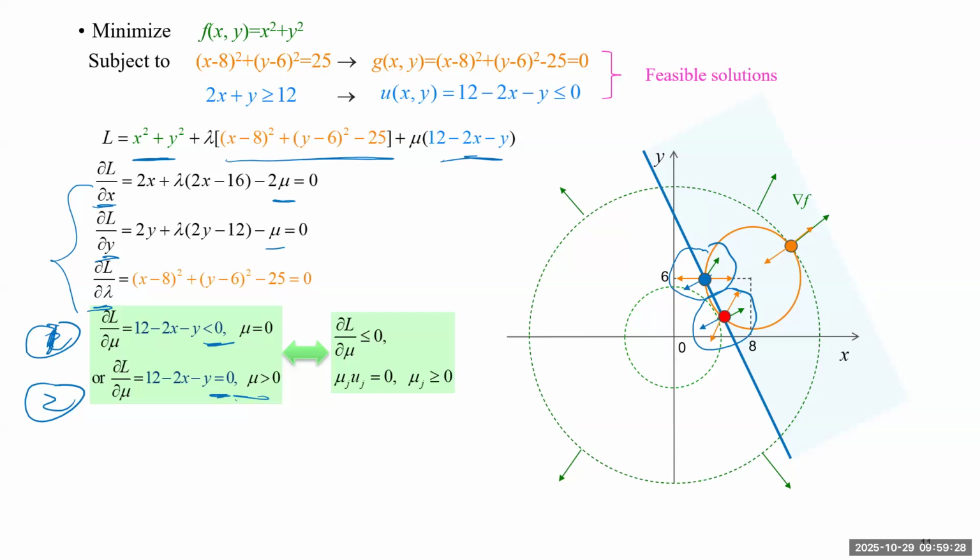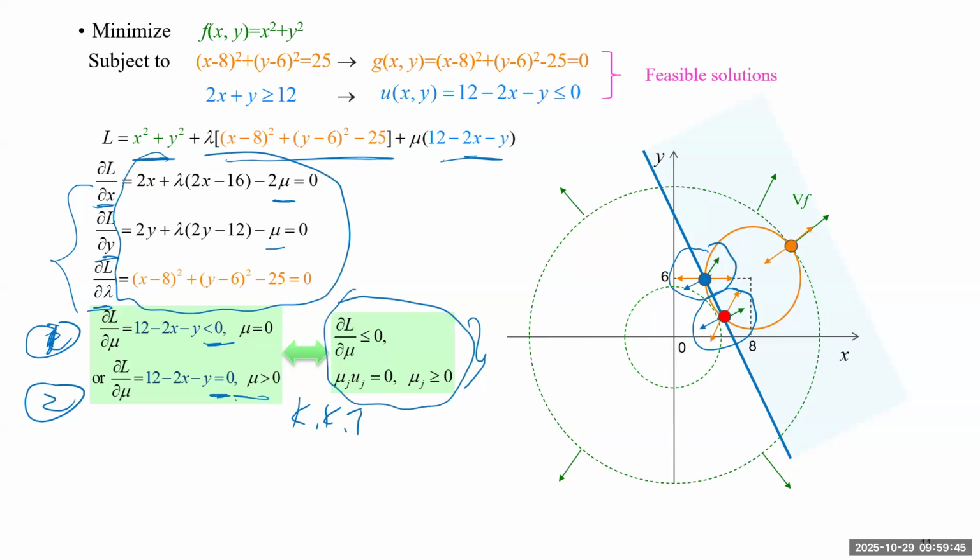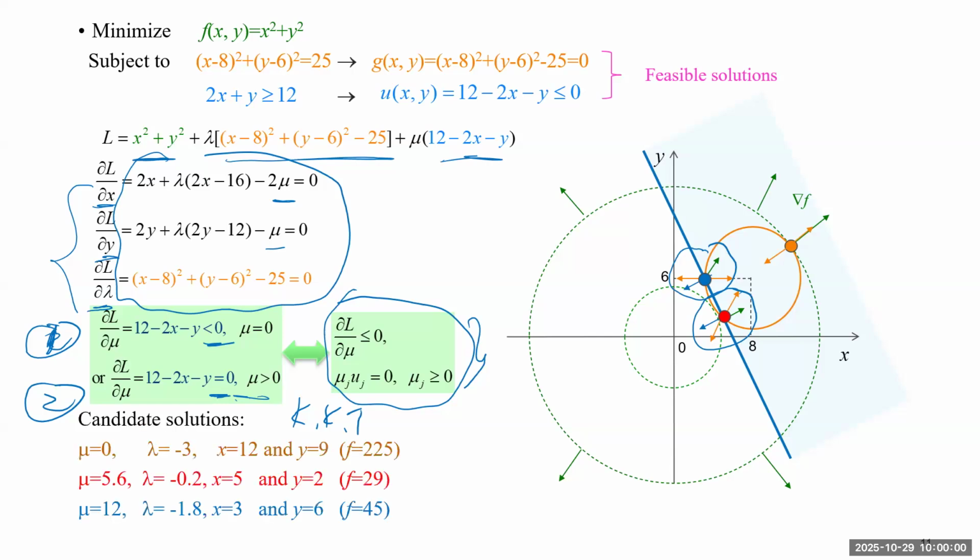By the KKT condition, that can be translated into those 3 equations or inequalities. So we just need to solve those 3 equations together with those. Together, there are only 3 solutions. You can design some method, maybe the Gauss method, to help you find a solution. Finally we have 3 candidate solutions.